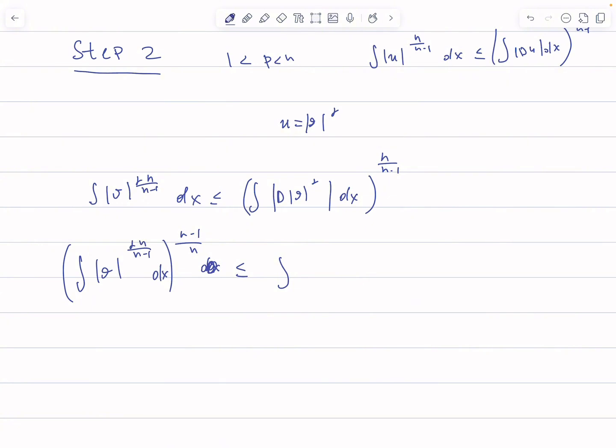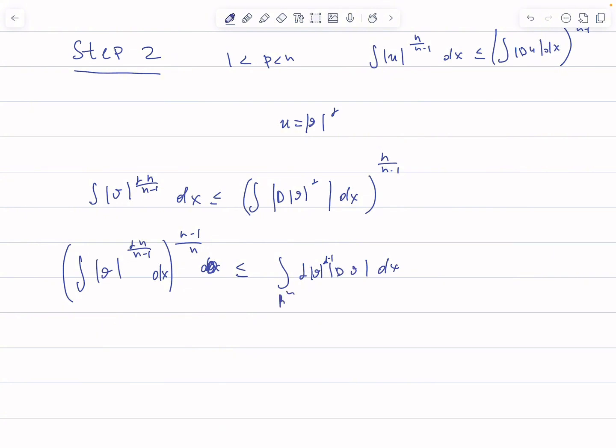Here we should take the derivative of this one. It will be lambda times |v| to the power lambda minus 1 times dv dx.